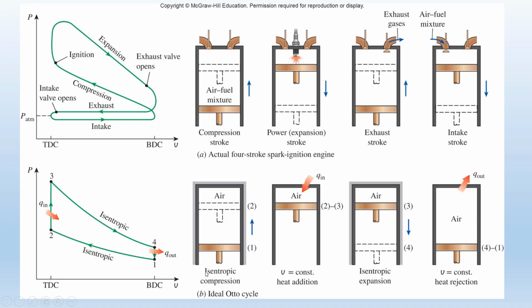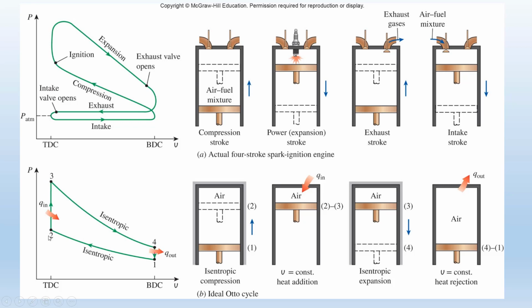For the ideal Otto cycle, first we assume that there is an isentropic compression. So air and fuel are compressed. Actually, we assume that we have only air. Air is compressed, from 1 to 2, the isentropic one. For the second step, heat is added to the system at a constant volume.